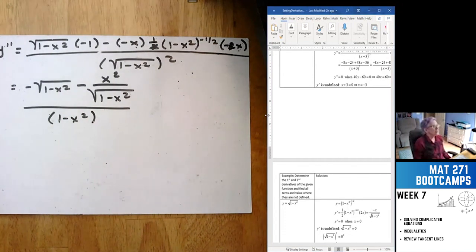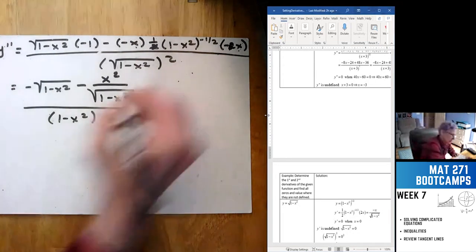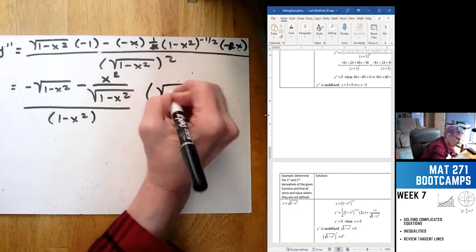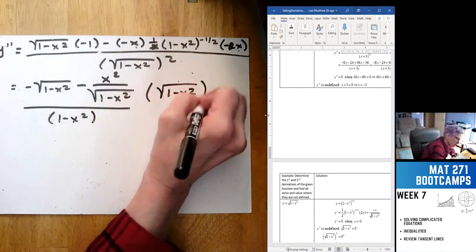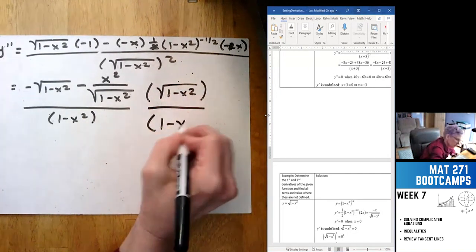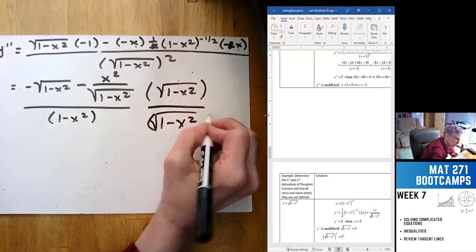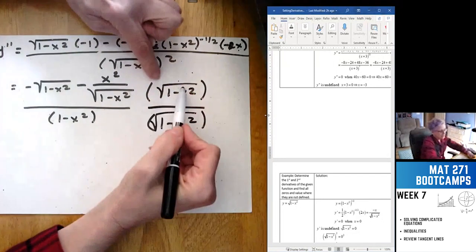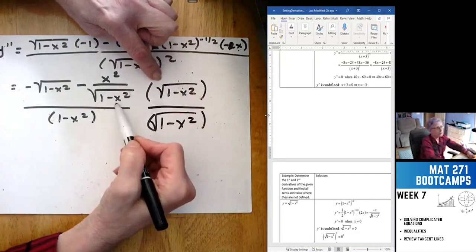So that's a lot more compact. But I really don't like having a fraction on the top of my fraction. That offends me. So I'm going to get rid of that by multiplying numerator and denominator by the square root of 1 minus x squared. That way I can cancel that away and life will be good.